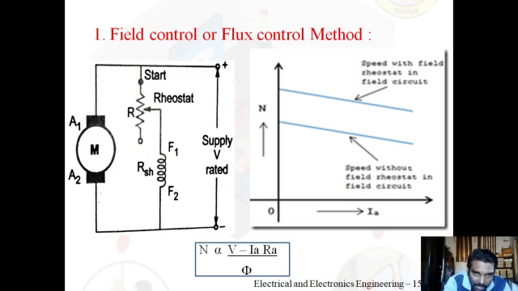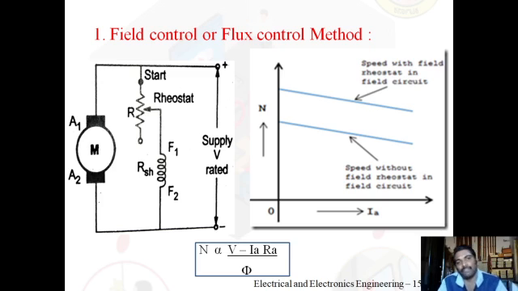And whenever the voltage is applied to the armature circuit, the armature current starts flowing through the armature conductors.